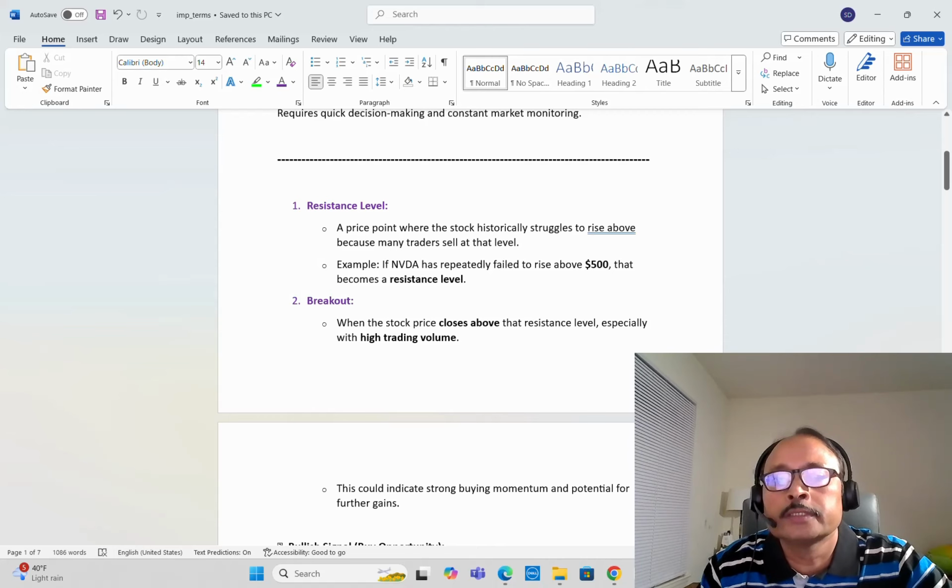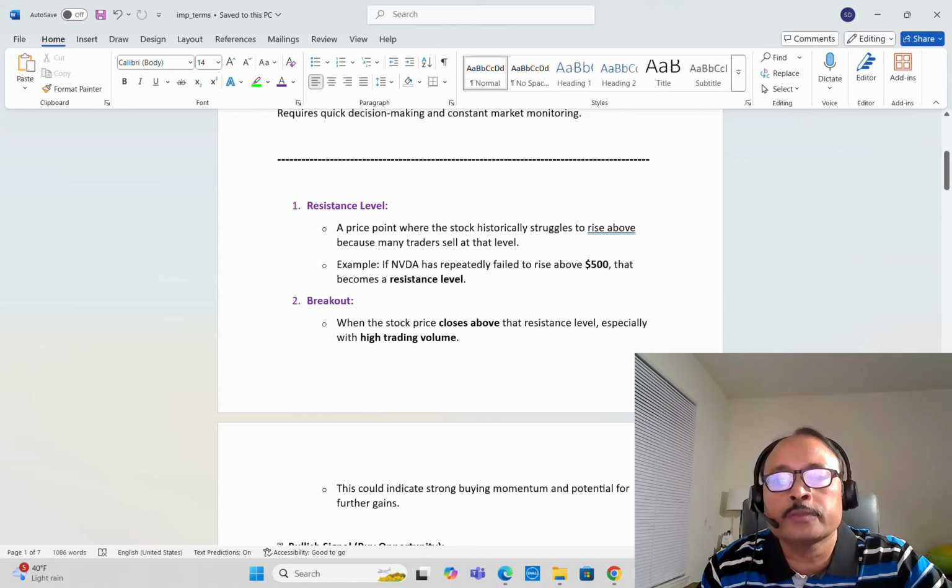For example, let's say Nvidia has repeatedly failed to rise above $500. That becomes a resistance level, because it failed to go above $500. That is the maximum point, and it is called the resistance level.